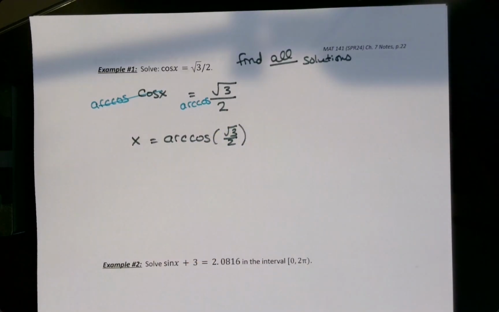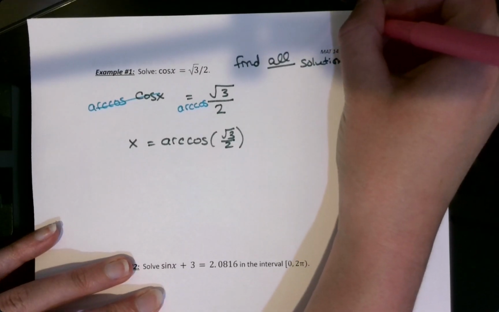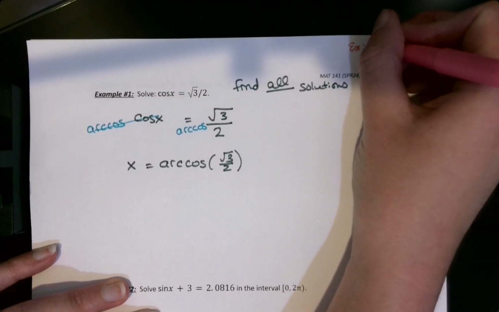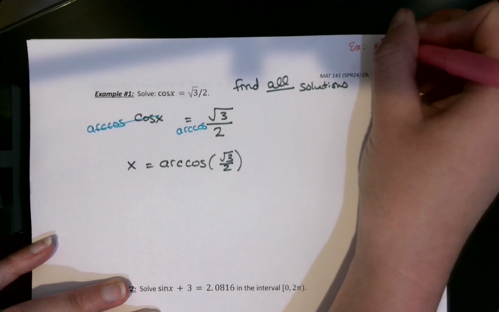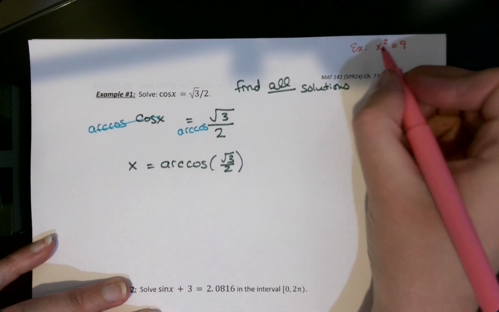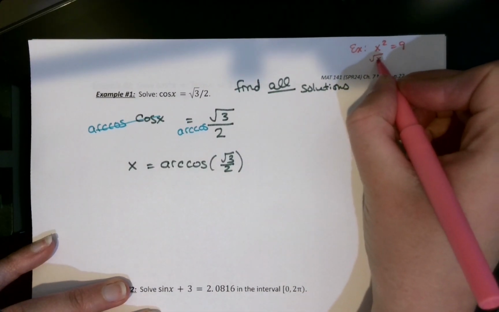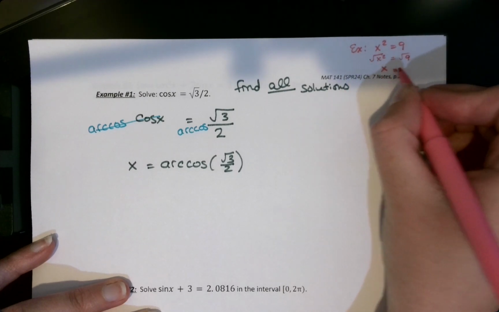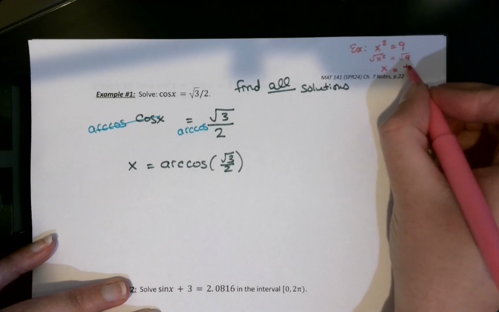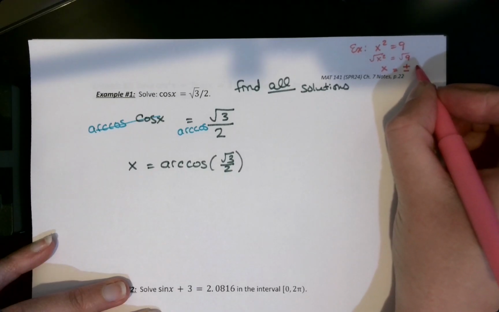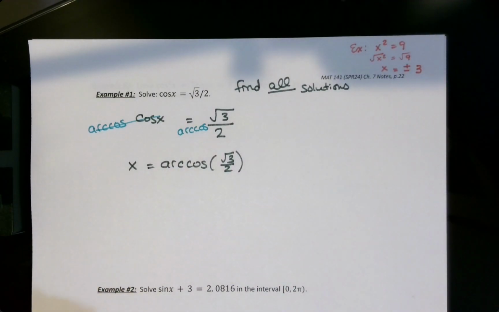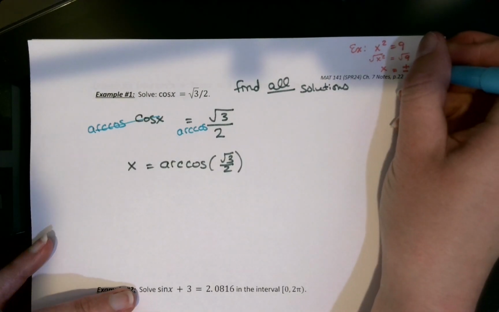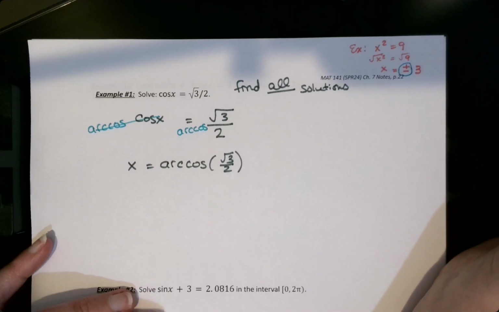Now, when I said find all solutions, what I have in the back of my mind here is that, for example, if I was solving something like x squared equals 9, I would know that I needed to take the square root of both sides, and I would get x is equal to positive and negative 3. There's nothing about doing the square root of both sides that tells me that I'm going to get multiple solutions, positive and negative.